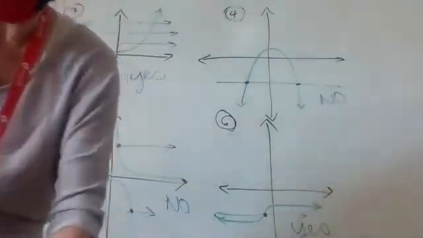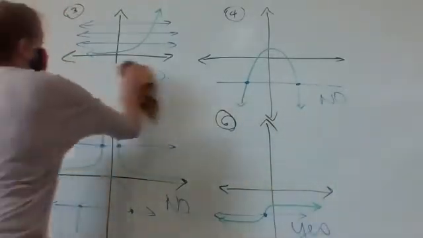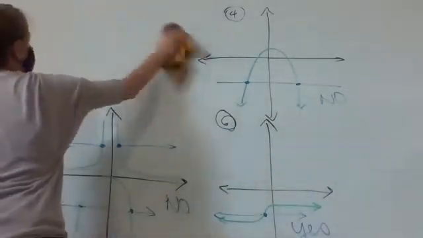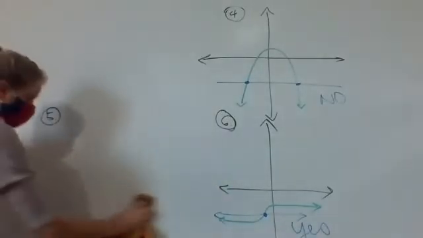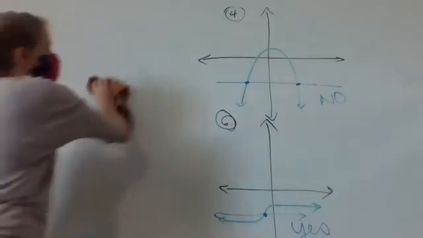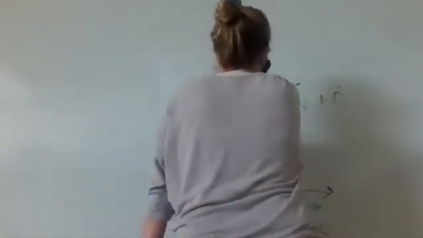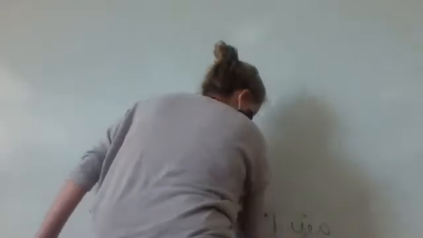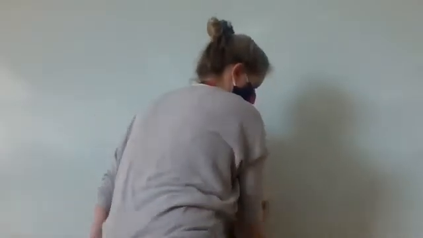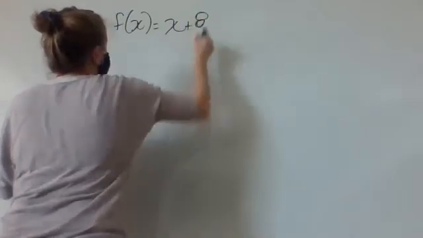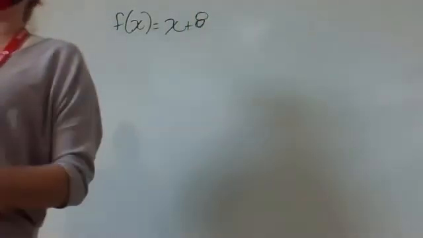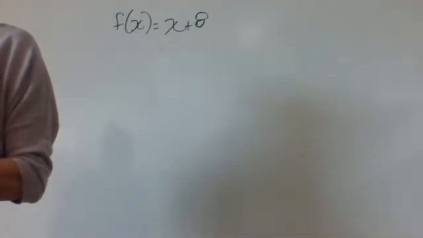So on number 7, it says for the function f of x equals x plus 8, first of all, determine whether or not it's one-to-one.